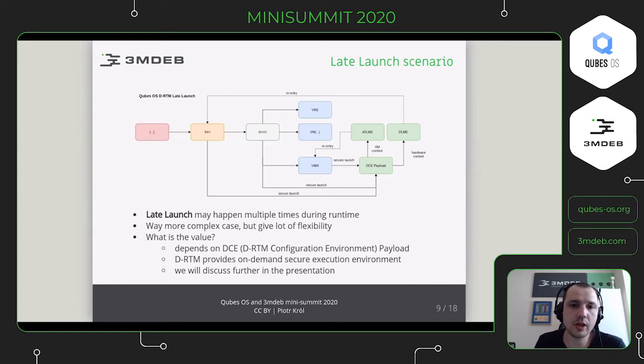This is way more complex but gives a lot of flexibility, and we can use various payloads, as I said, and we can call this a secure execution environment. So without SGX or any of this enclave technology, we kind of get a special secure execution environment which has certain properties.